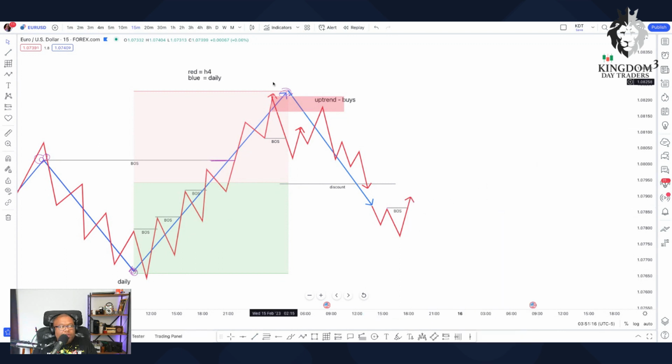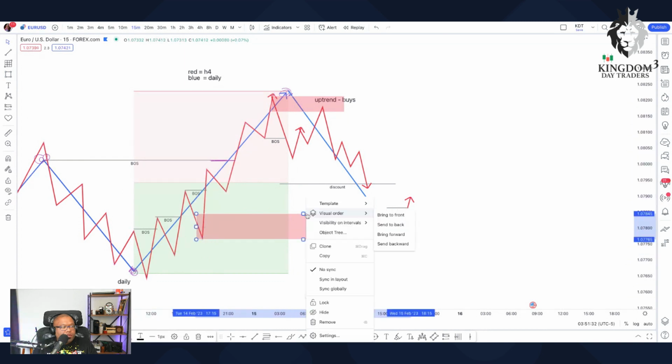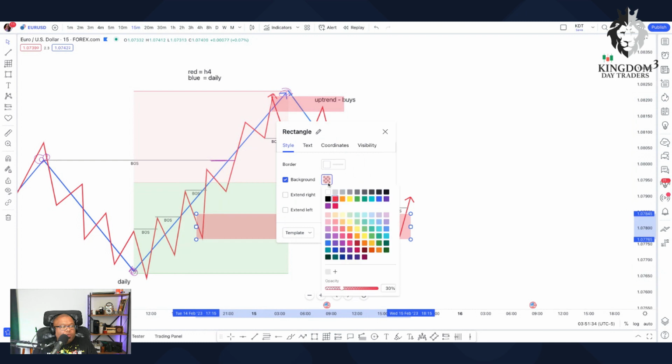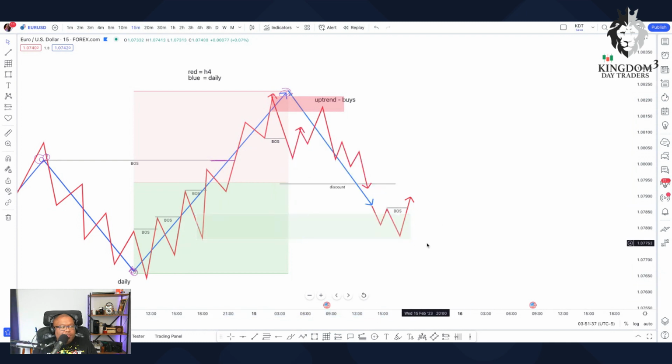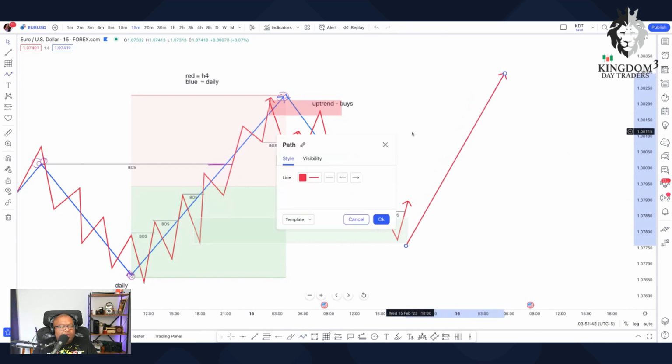We have the daily falling down, the 4-hour turning up, and usually this would be anchored to a zone somewhere like this, right? Let's just make that a little better. So there'll be another 4-hour zone inside of that daily that price is anchored itself to. It's usually what you want to see is high probability. And now you can use this to anticipate the next target, right? Which on the higher time frame, daily, is going to be this move up.